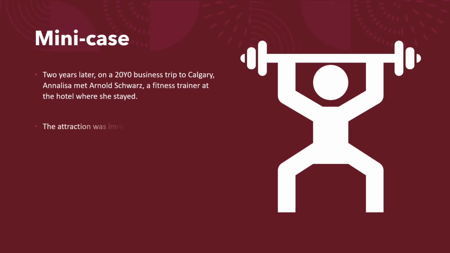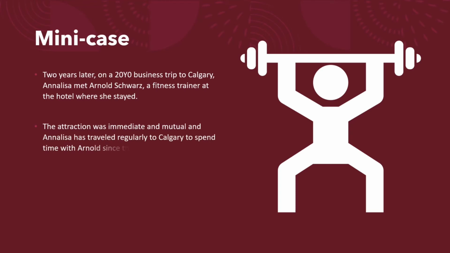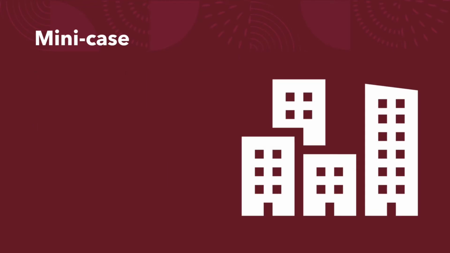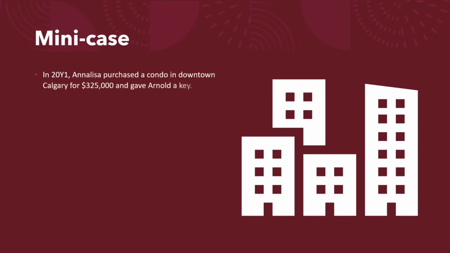The attraction was immediate and mutual, and Annalisa has traveled regularly to Calgary to spend time with Arnold since then. In 20Y1, Annalisa purchased a condo in downtown Calgary for $325,000 and gave Arnold a key.